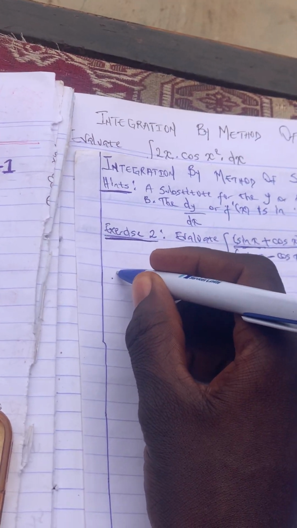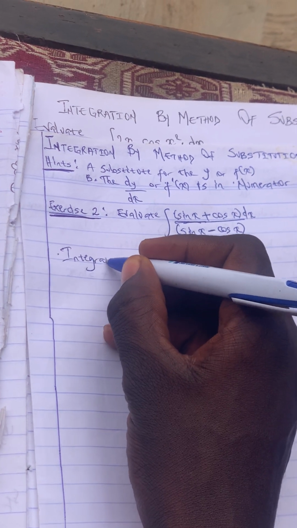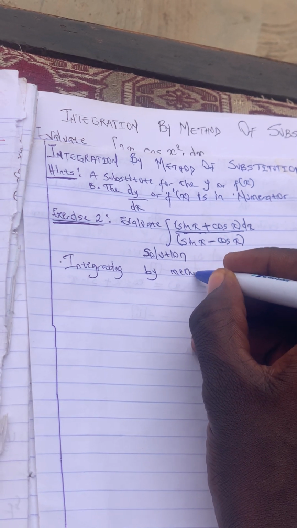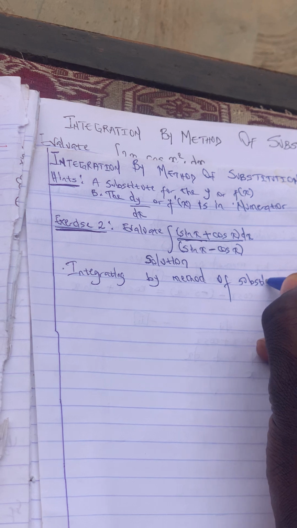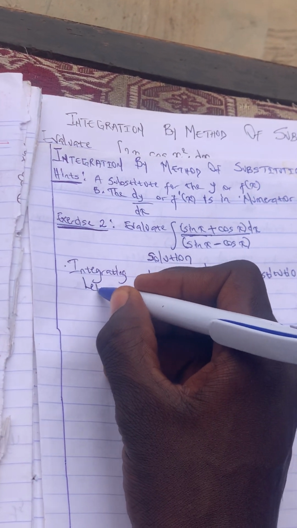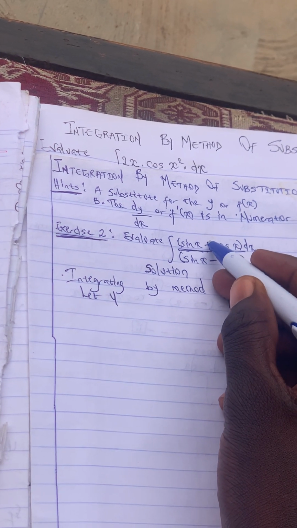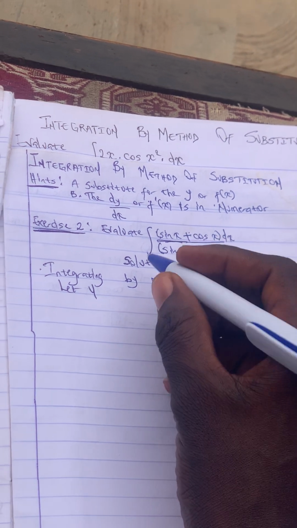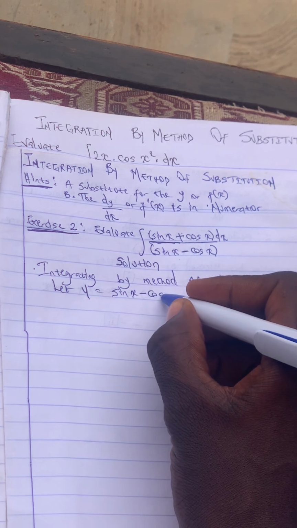Now we have integrating by method of substitution. In the end of the observation, we substitute for a term. So I will say let u, this is dy dx, the numerator, equals sine x minus cos x.